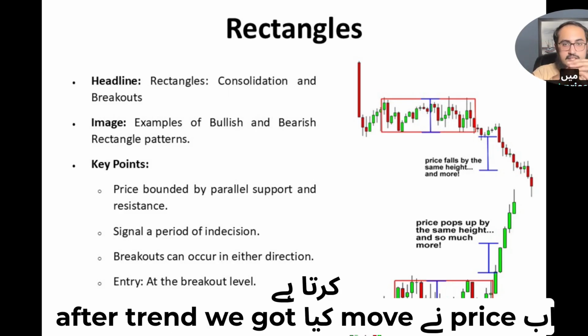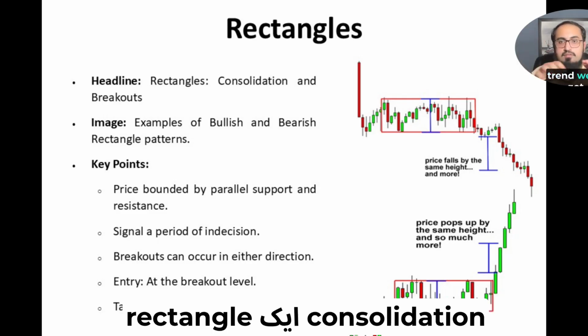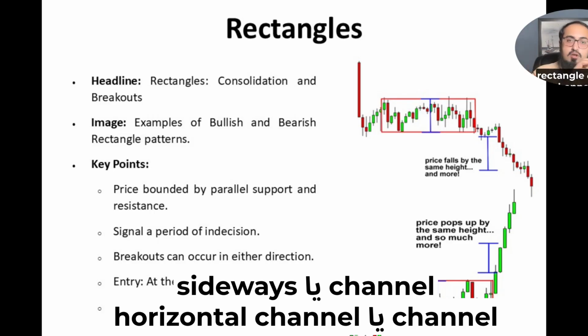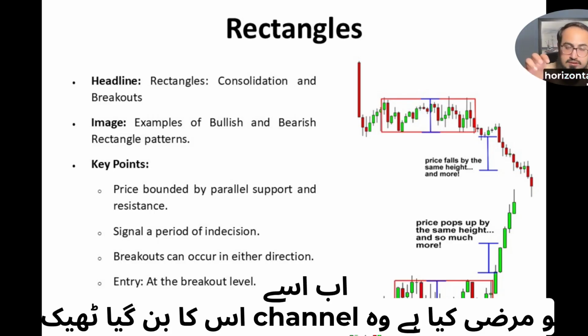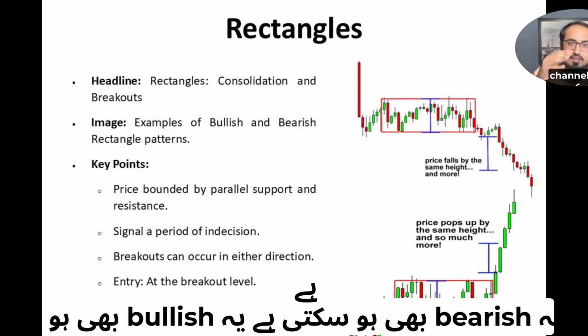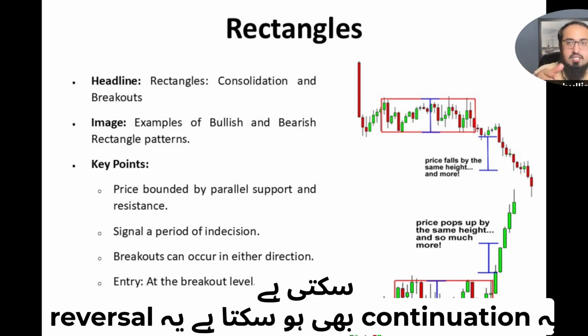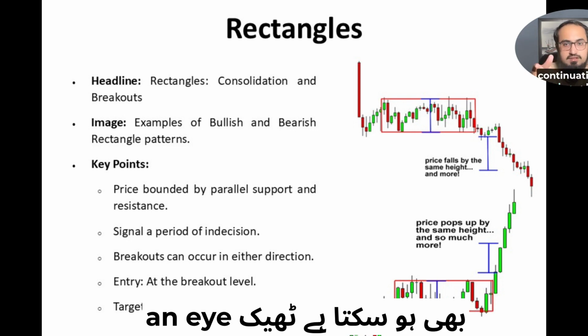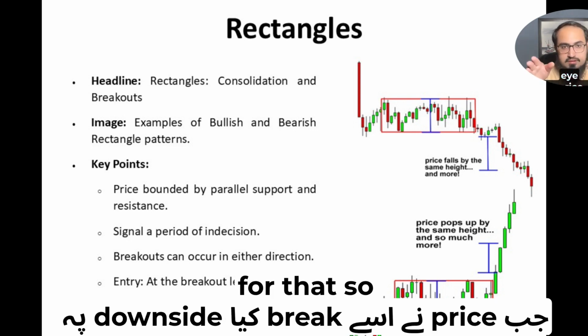Now the price has moved after the trend. We got consolidation, a rectangle channel or sideways channel or horizontal channel. Now call it whatever you want. That channel is formed. Okay, it can be bearish, it can be bullish, it can be continuation, it can also be reversal. So you have to keep an eye on that.